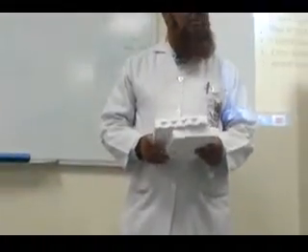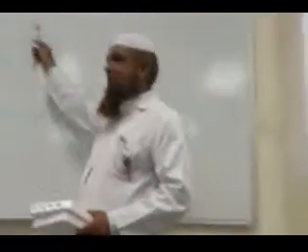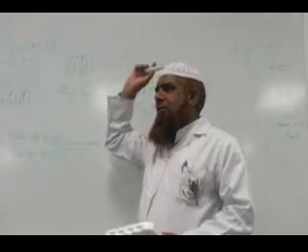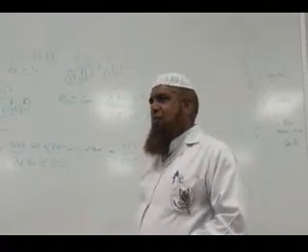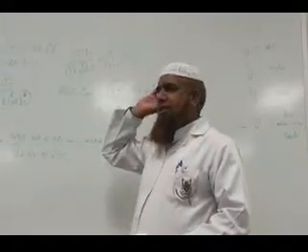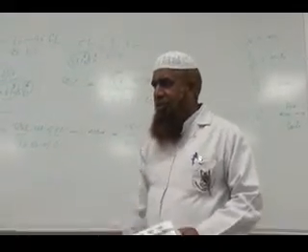Clear? So out of 1 liter, very simply speaking, half liter will be plasma, half liter red cells. Clear? Yes. So we take it as 0.5 liter. This is the normal range.